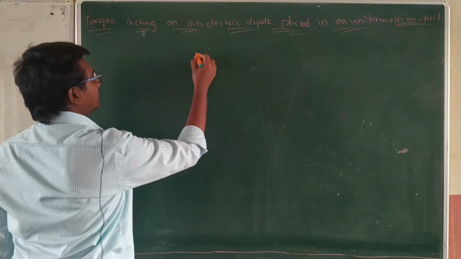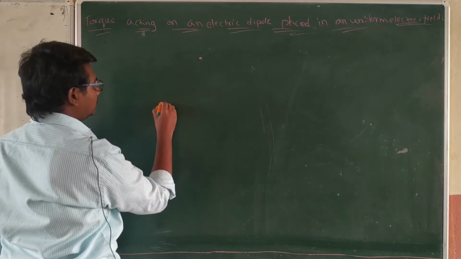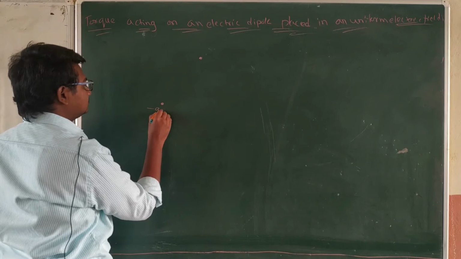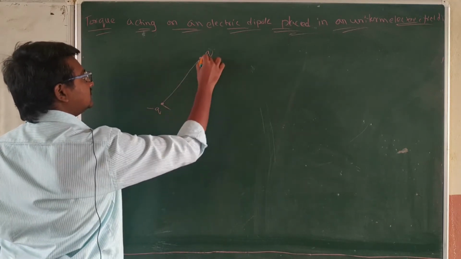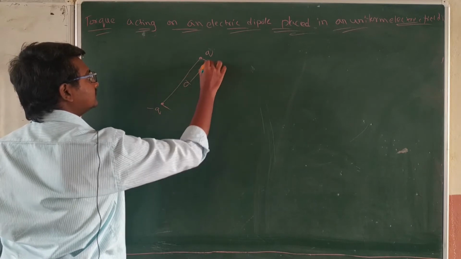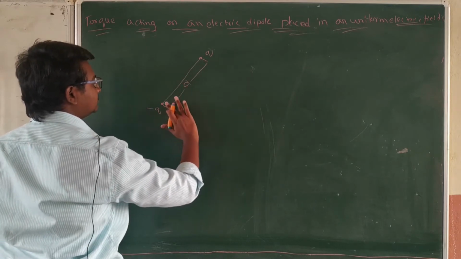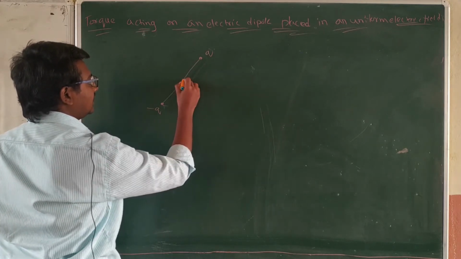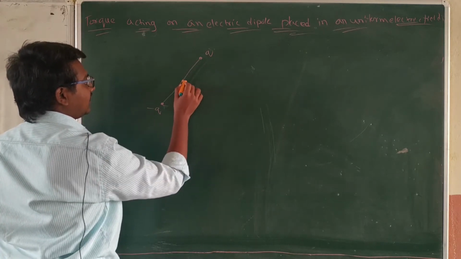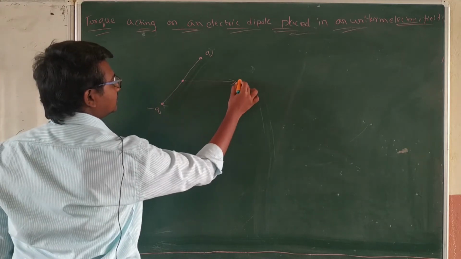Okay, now let's take a dipole whose charges we know already, plus q and minus q, and whose separation is d, right? Just remember the separation is d, and here in the middle I am taking the midpoint.